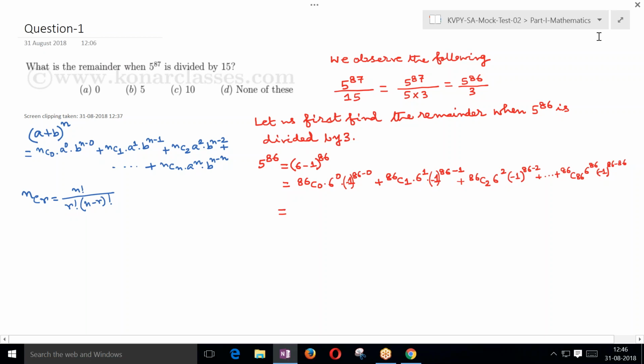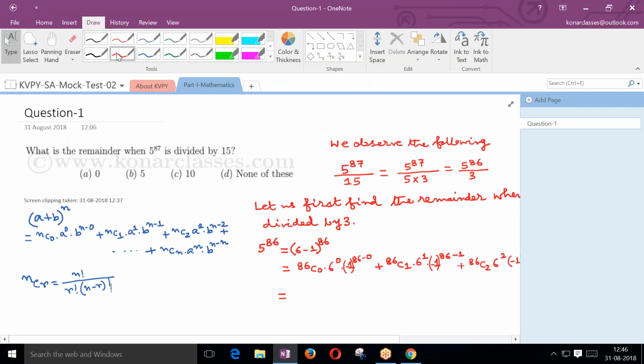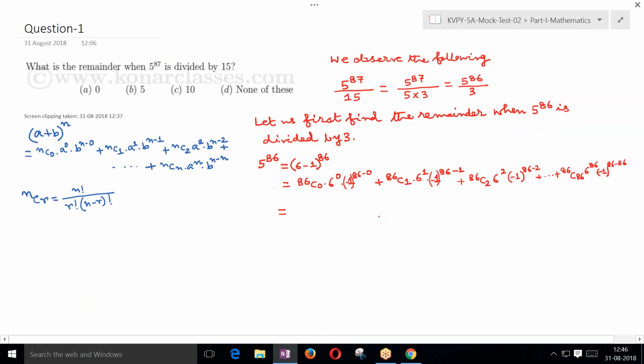We can apply that here, and we will get 86C0 equal to 86 factorial divided by 0 factorial into 86 minus 0 factorial, into 6 power 0. 6 power 0 is 1, into minus 1 power 86, which is actually 1, because 86 is an even number.